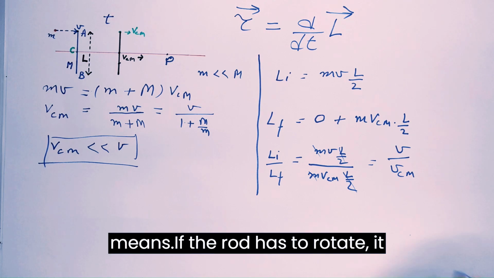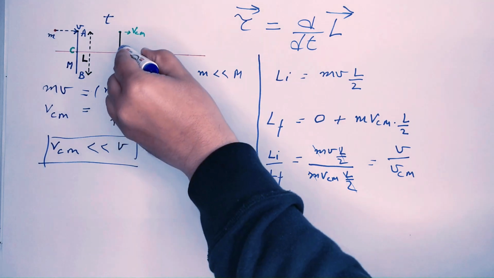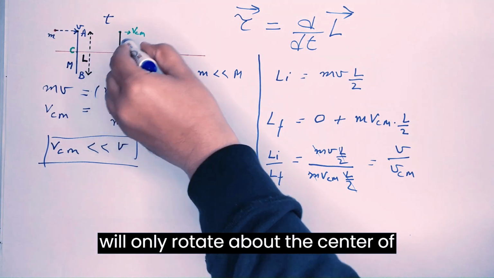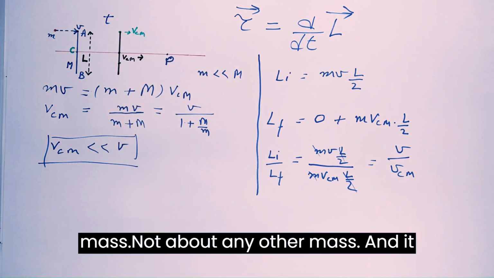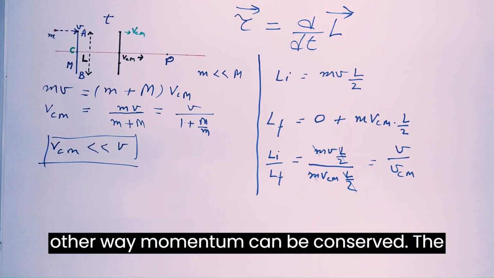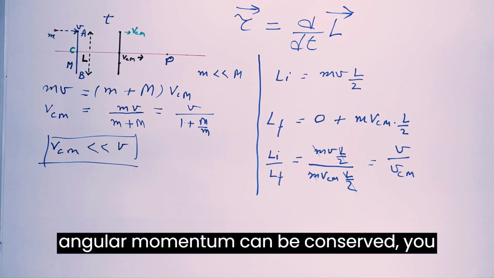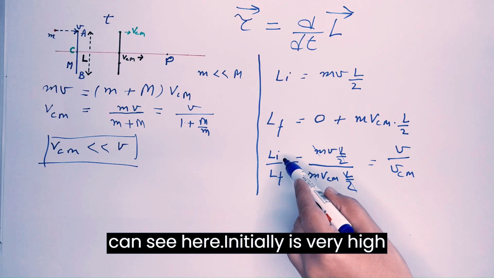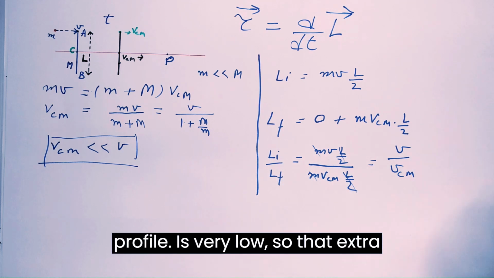So that means if the rod has to rotate, it will only rotate about the center of mass, not about any other point. And it has to rotate, because there is no other way the angular momentum can be conserved. You can see here, initial is very high, final is very low.